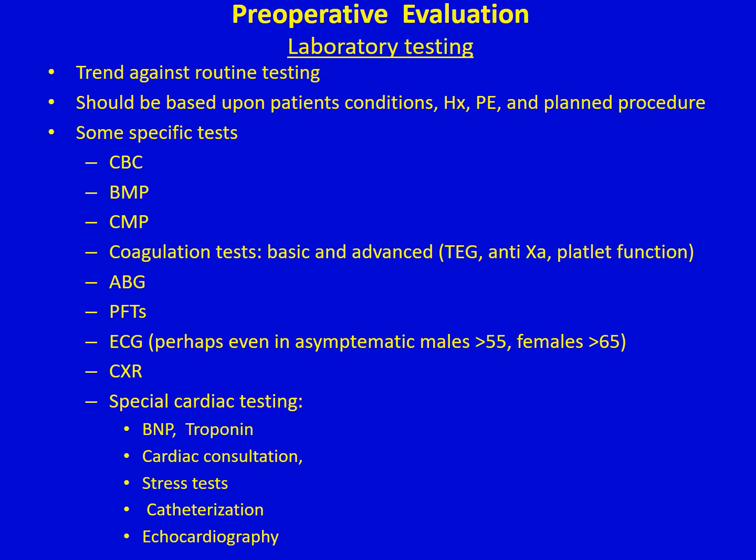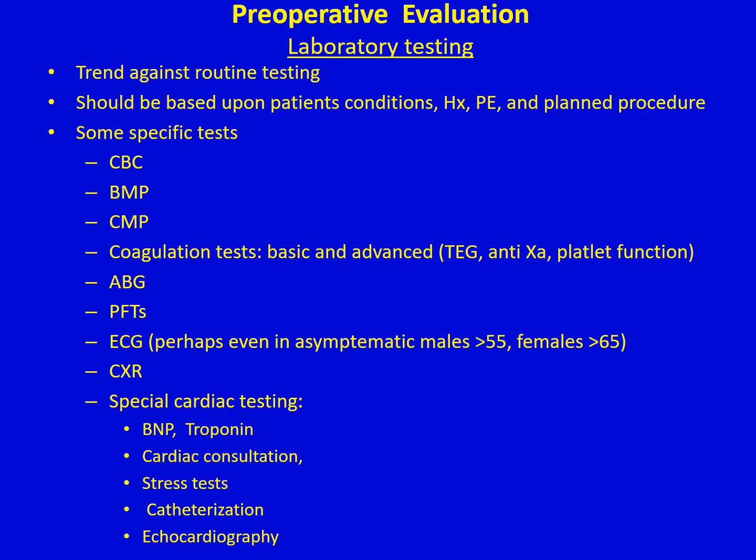Coagulation tests, in general, not recommended for routine operations unless there are clues from the history or physical. But then if you do coagulation tests, they're the basic tests and then various advanced tests that you need to be aware of. Arterial blood gas, indicated certainly in certain patients, especially in patients with significant pulmonary disease, and the same for pulmonary function tests.